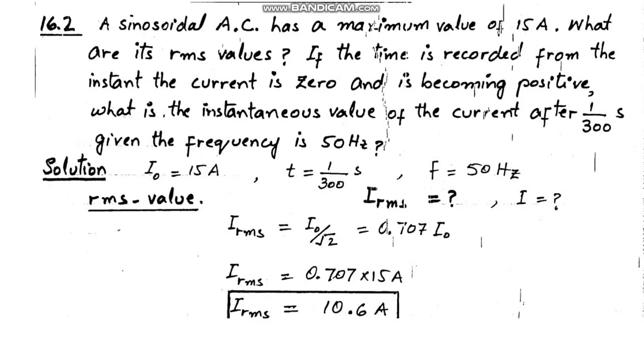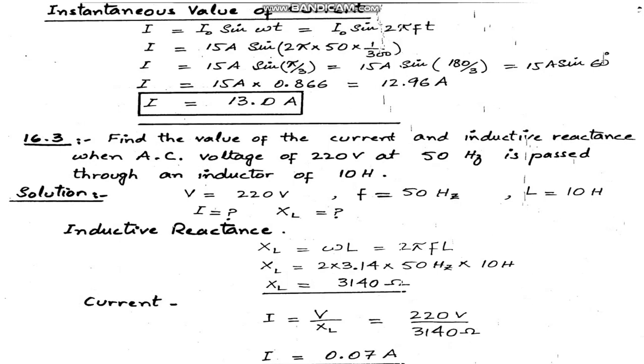Now we want to find I, the instantaneous value of the current. The general equation, I is equal to I naught sine omega t. Omega is the angular frequency. We put the value in here. So I naught sine 2 pi ft, because omega is equal to 2 pi f.